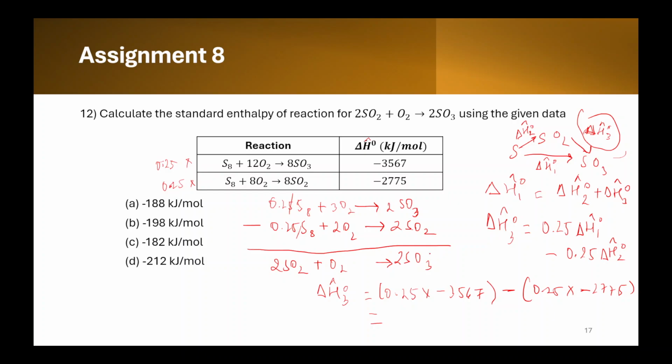This comes out to be minus 198 kilojoule per mole. So the correct answer is B part.